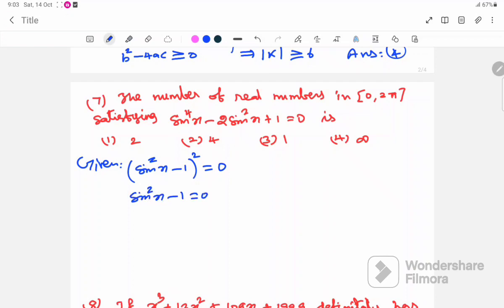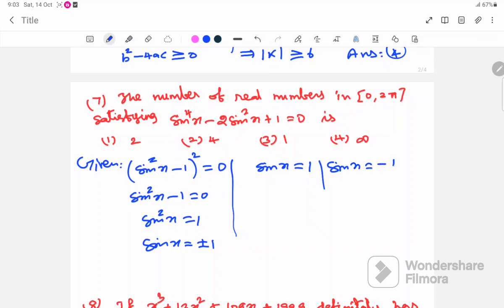Sin square x minus 1 equal to 0. Sin square x equal to 1. Sin x equal to plus or minus 1. Sin x equal to plus 1. Sin x equal to minus 1.